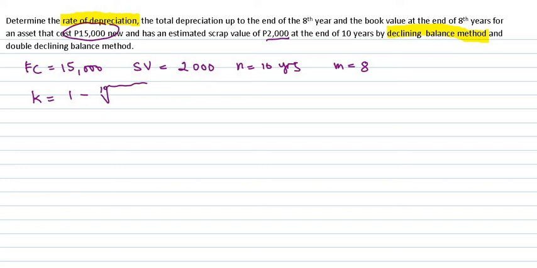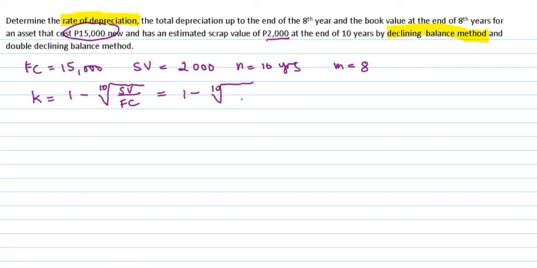Okay, let me erase this one. I will rewrite it first. 10th root of the salvage value over the first cost, which is equivalent to 1 minus the 10th root.